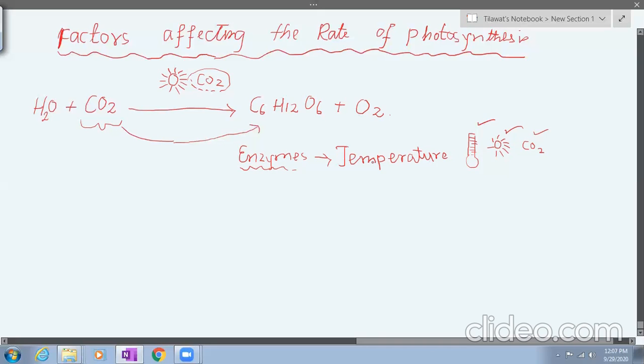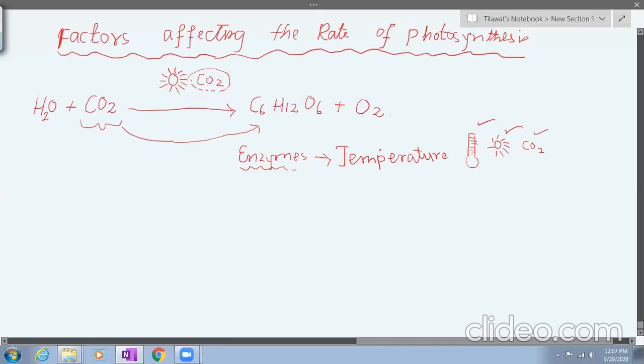Photosynthesis will not be at the rate which it is supposed to be. Any factor that is restricted, due to which the rate of photosynthesis does not reach the maximum, is called a limiting factor.